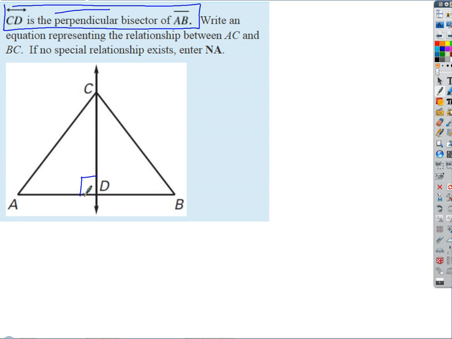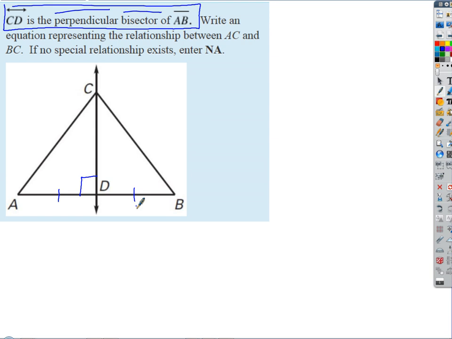What else? Perfect, because it's a bisector, we know this line bisects segment AB, so it must cut it into 2 equal or congruent pieces. Those few little blue marks summarize all that. Now, what can we add based on what we learned on Friday?